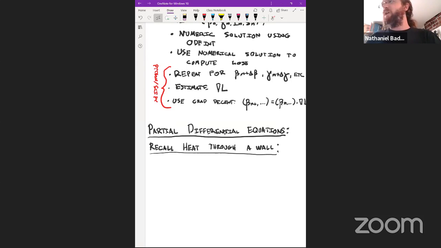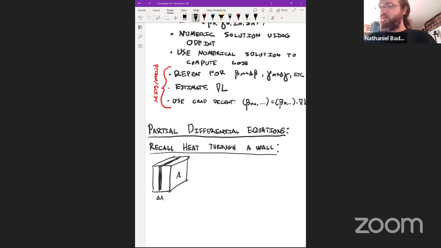We had our wall, which had some area, and we have some section, delta x, and we have heat flowing through.